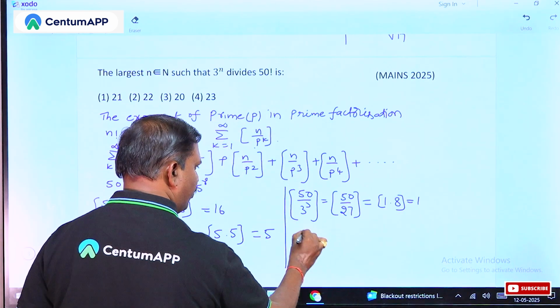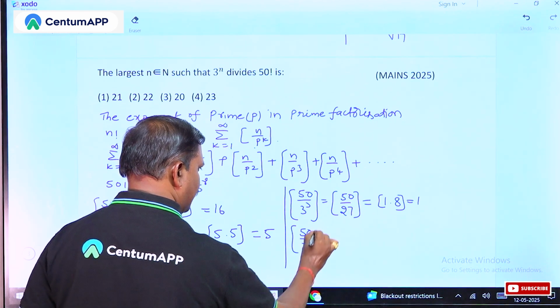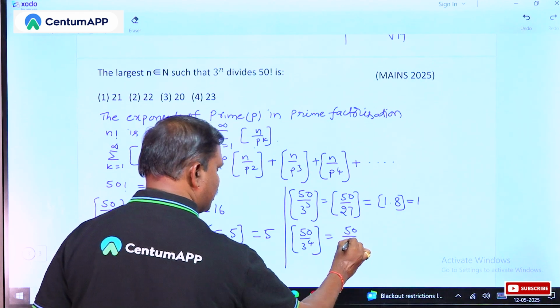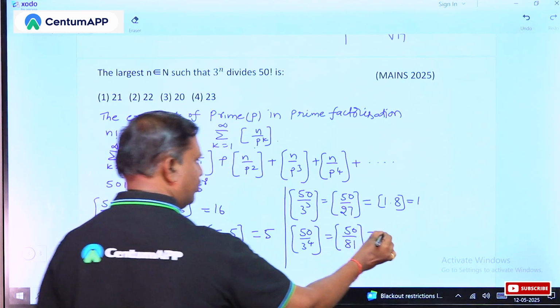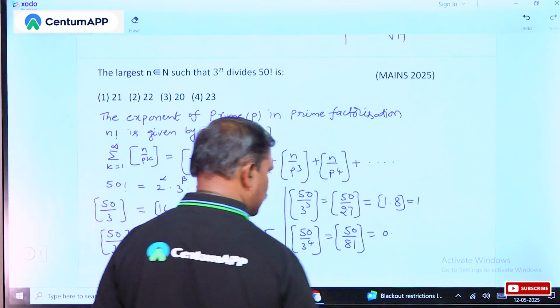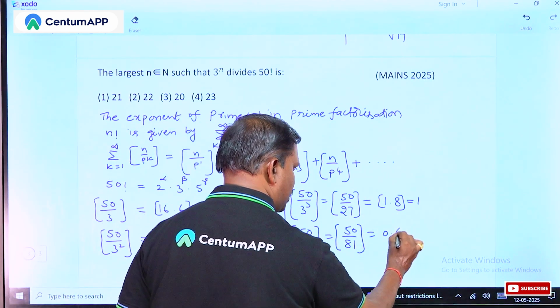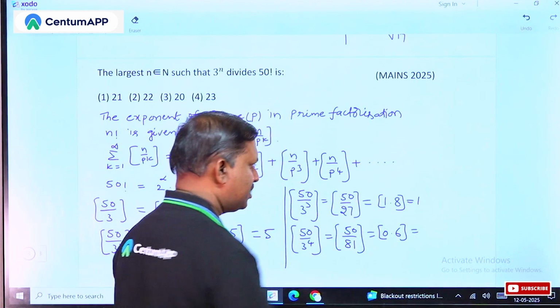Next, 50 by 3 power 4, which means 81. 50 divided by 81 gives approximately 0.6. The bracket function of 0.6 is 0.